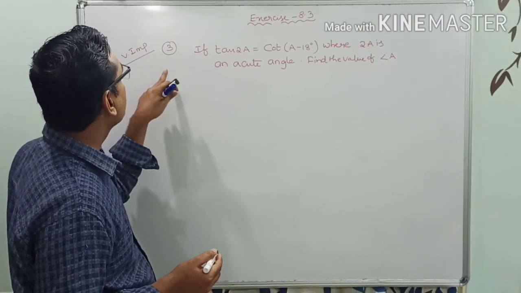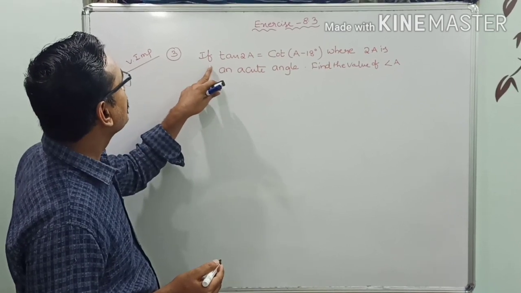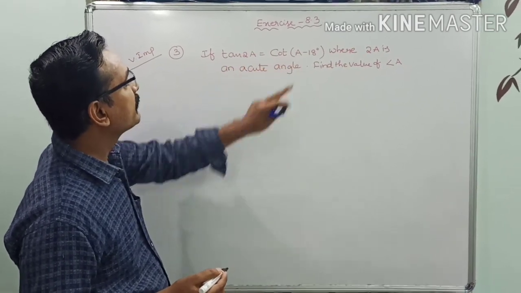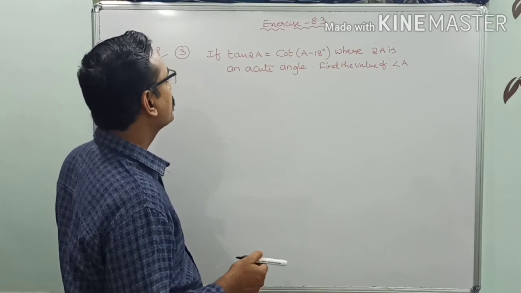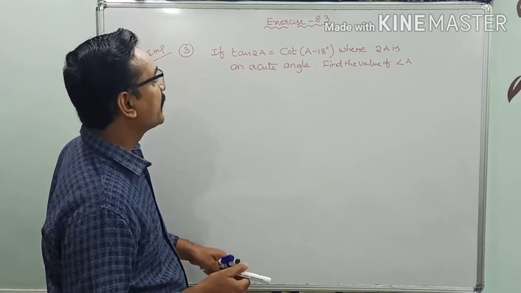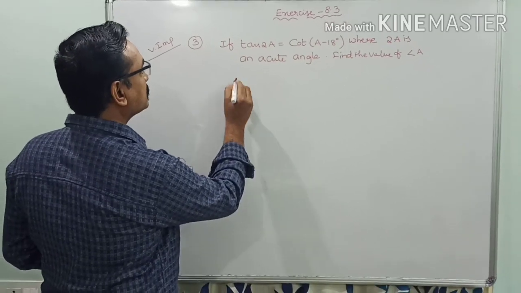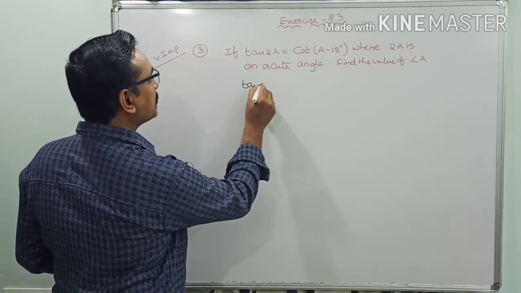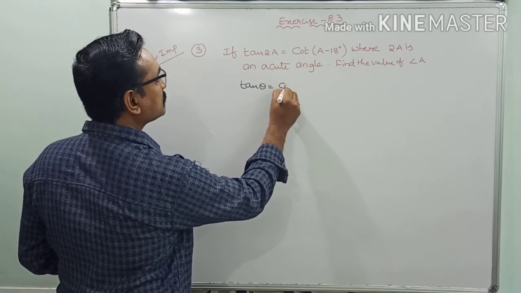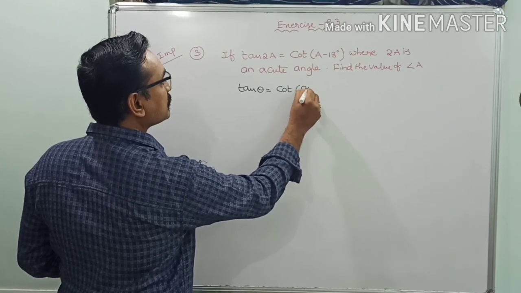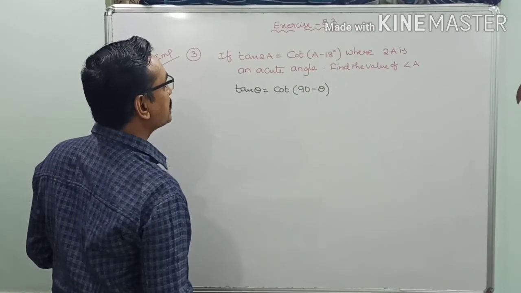Question number 3. Very important problem. If tan 2A equals cot of (A minus 18 degrees), where 2A is an acute angle, find the value of angle A. So we know tan theta can also be written as cot of (90 minus theta).